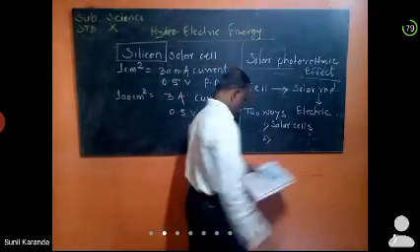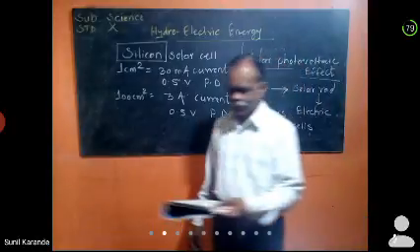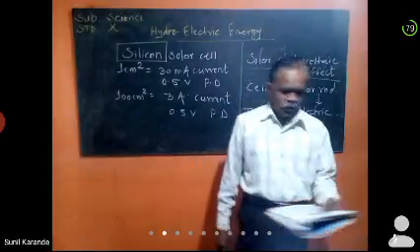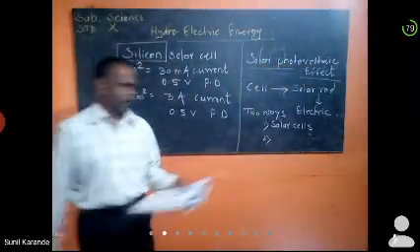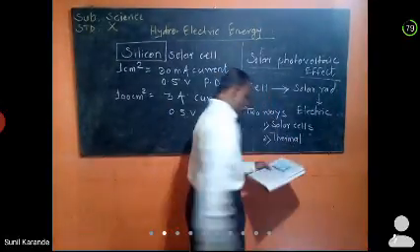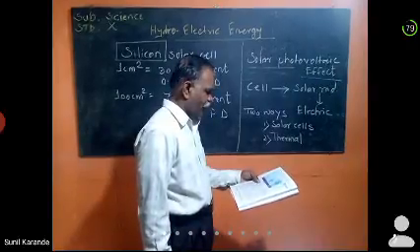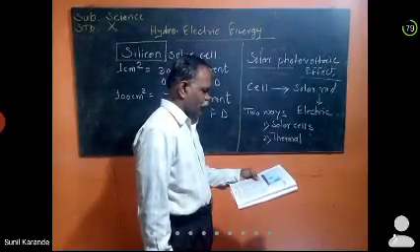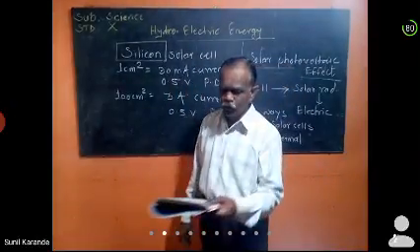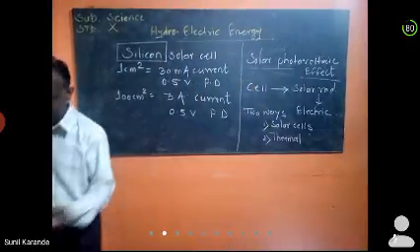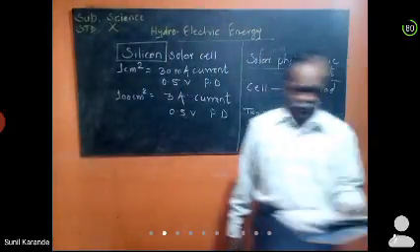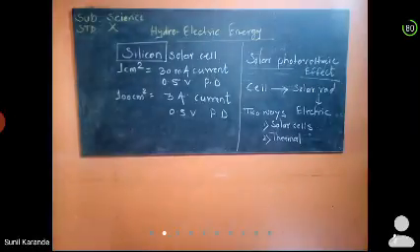And number two, solar energy converting into thermal energy, which is used to run the turbines and generator to produce electric energy.